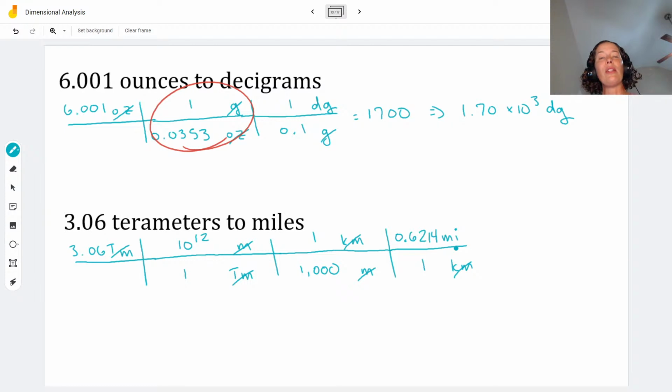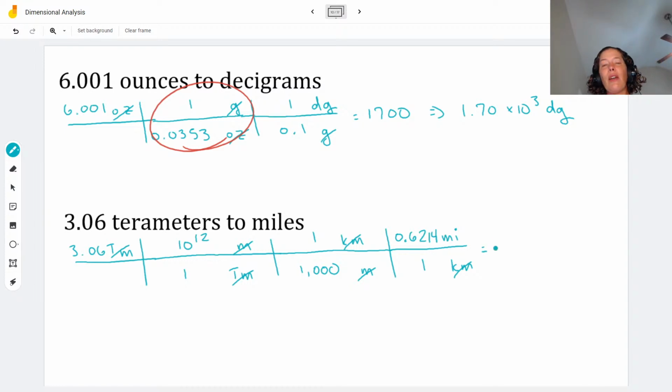When you're doing these conversions, know that you can put as many conversion factors in as you want. Each of these conversion factors is a multiplication of 1. So 1 kilometer equals 1,000 meters. That's 1. So you can add in all these conversion factors however many you want. I think the most important thing is that you convert in a way that makes sense.